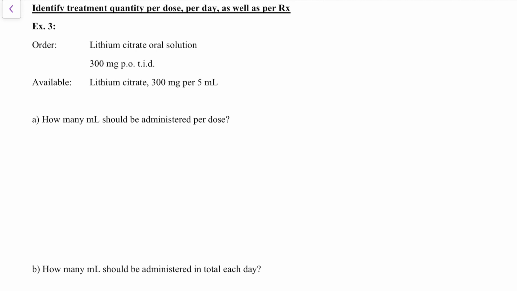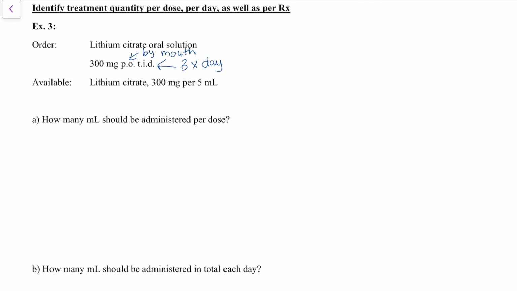So they need 300 milligrams PO, again, is by mouth, and TID means 3 times a day. Okay, so they need 300 milligrams by mouth 3 times a day.